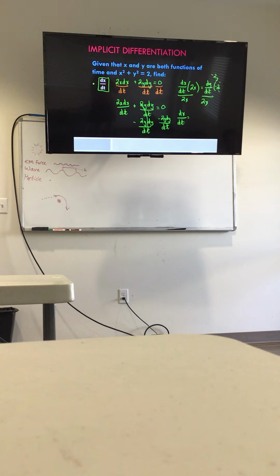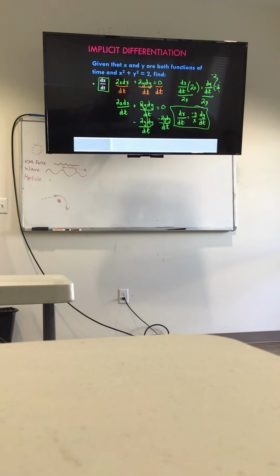There's a negative 2y in the numerator, there's a 2x in the denominator, so those simplify to negative y over x. The differential, which is actually a derivative part on this question, I'm going to put behind that, dy over dt. There is my formula that's going to allow me to calculate the derivative of dx over dt.